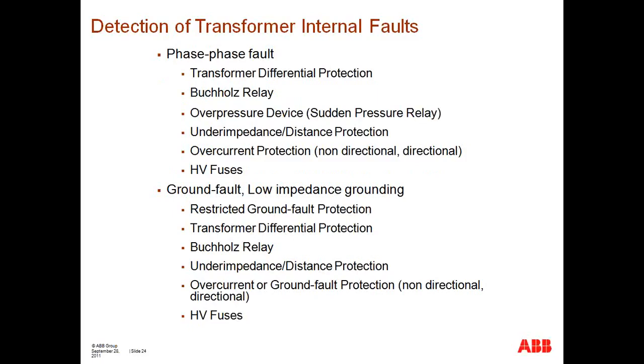The device is monitoring for those bubbles coming up, and if the flow of the oil is severe enough, it's an indication that gas has been released within the tank, indicating that a problem has occurred within the transformer. So it's also known as a flow type relay, because it essentially monitors the flow of the oil inside of a transformer.